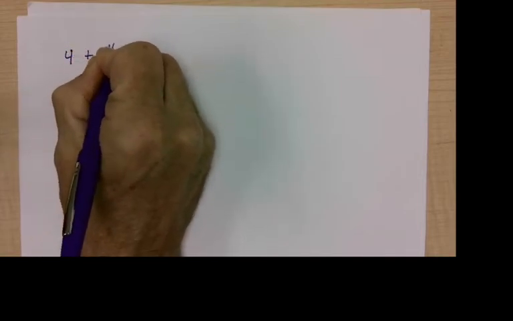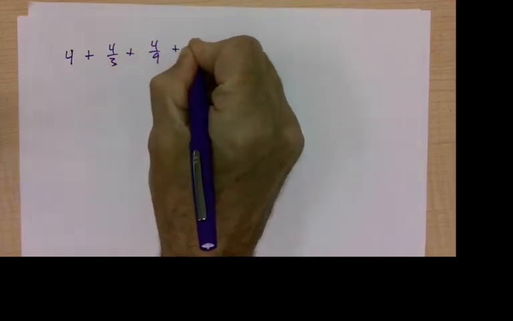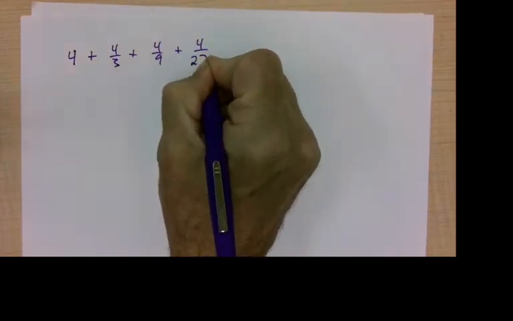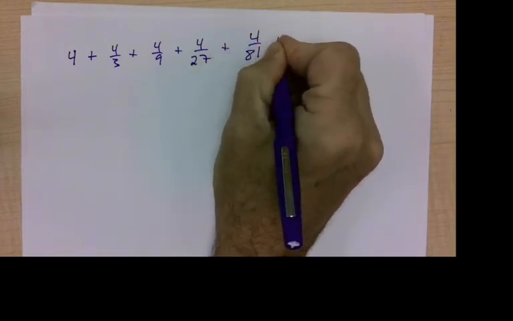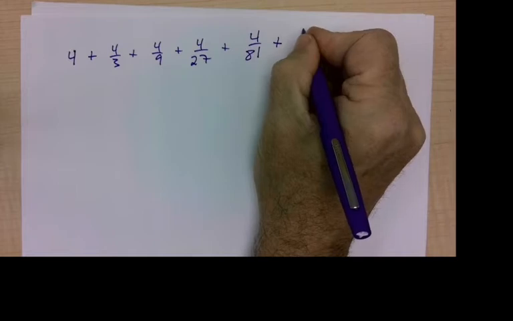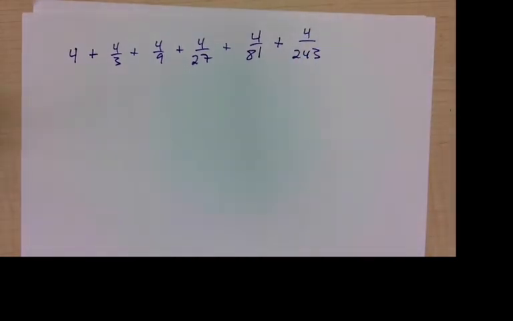So let us take a look at 4 plus 4/3 plus 4/9 plus 4/27 plus 4/81 plus 4/243.